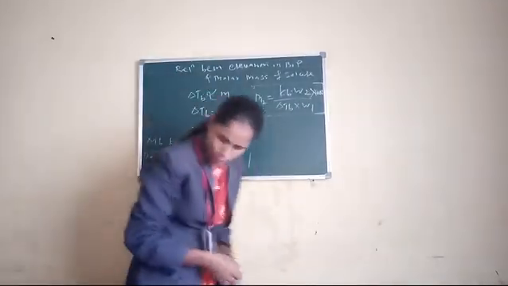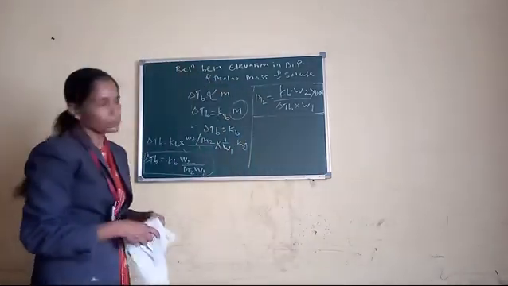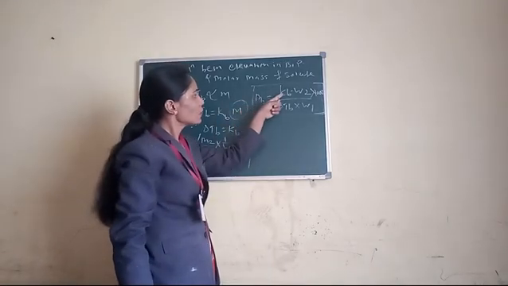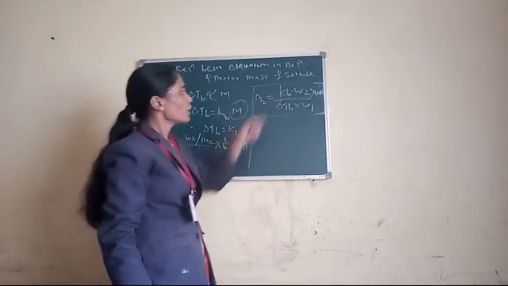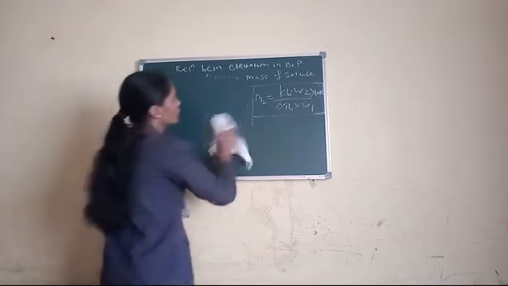On this topic, we are going to solve the numericals of molar mass, where KB is the proportionality constant for boiling point.